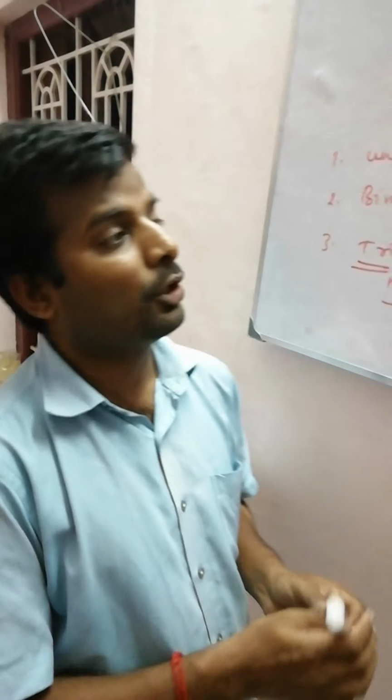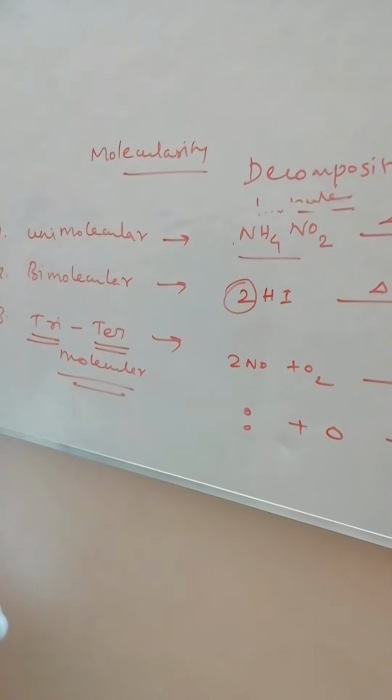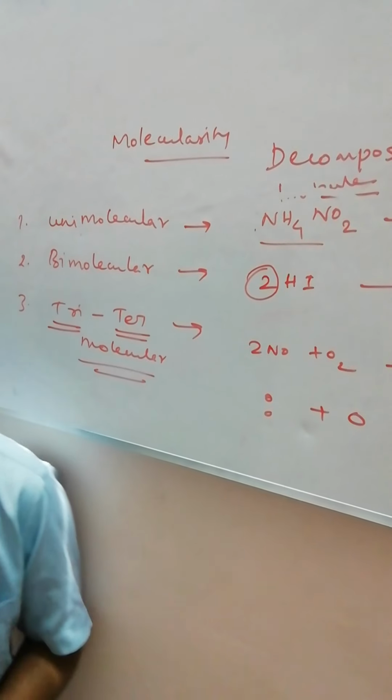Order may be an experimental value, as I already explained, but molecularity we can explain theoretically, which we will study in a later class. Order may be 0, 1, 2, 3, a fraction or negative, but molecularity should always be a whole number: unimolecular, bimolecular, trimolecular.